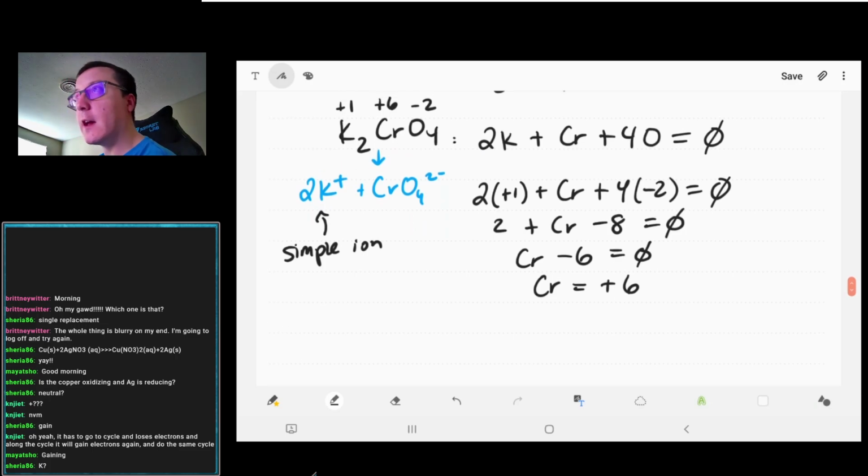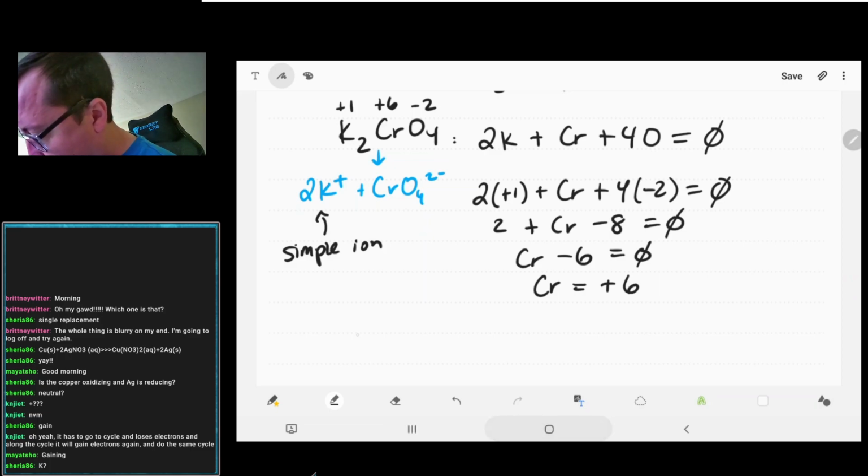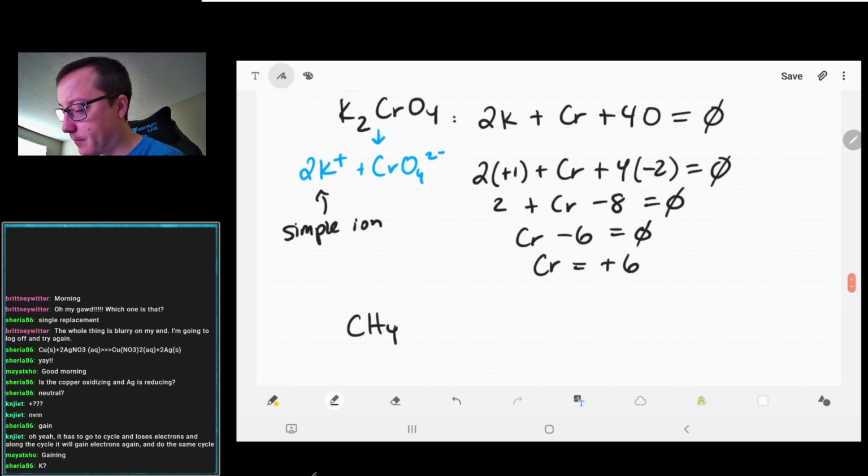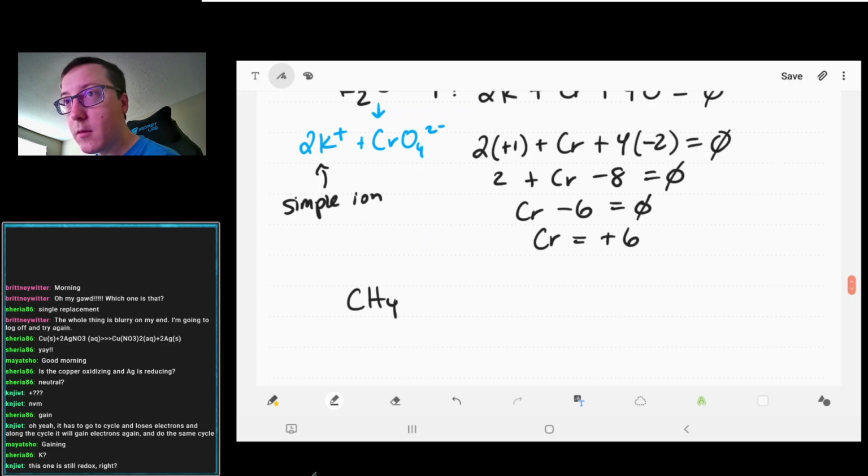Let's take a look at another one. How about we do methane? We're just looking at oxidation numbers right now. We're going to put these in the context of reactions in a bit, Kenji. So reactions can be redox.